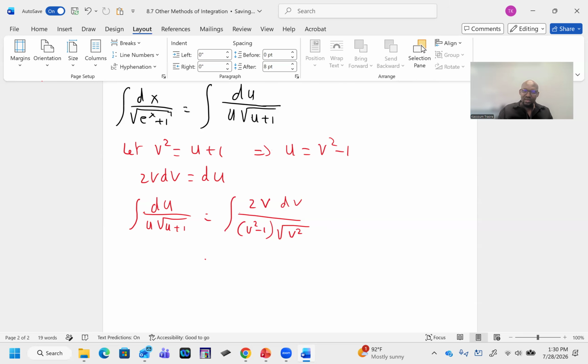What I have is the integral of 2 divided by v squared minus 1 dv.